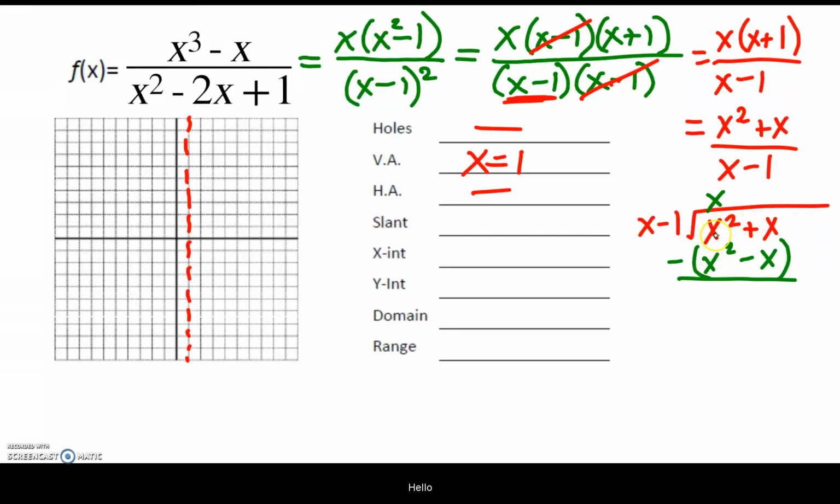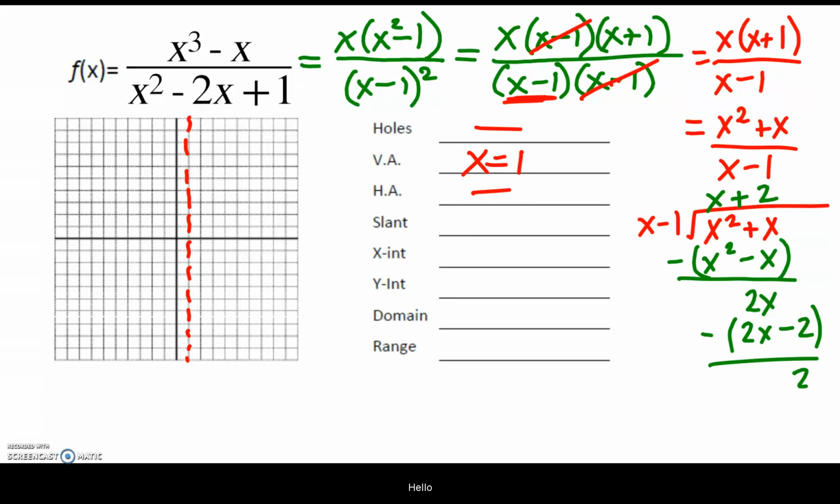So try to fix that problem. x squared minus x squared is 0. x minus negative x is 2x. And then x goes into 2x 2 times. And then you would have 2x minus 2 here, subtract that, and you're going to have a remainder of 2.